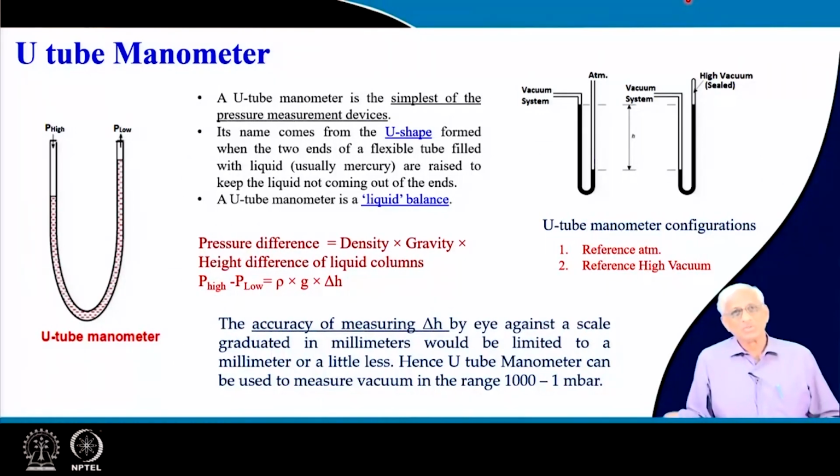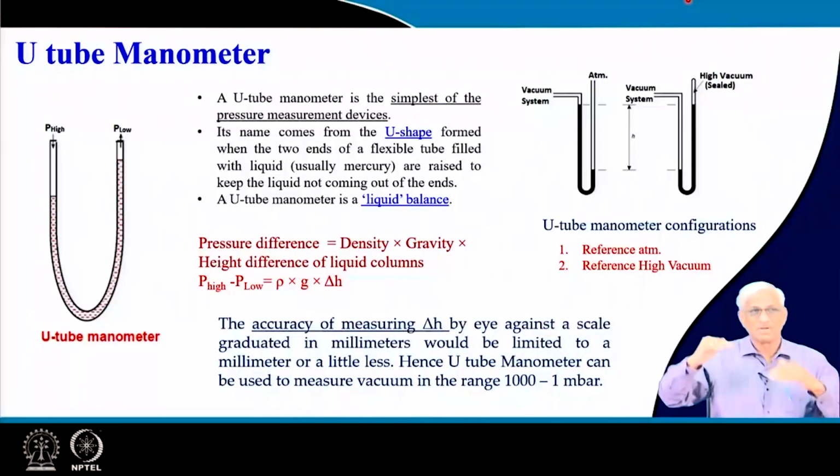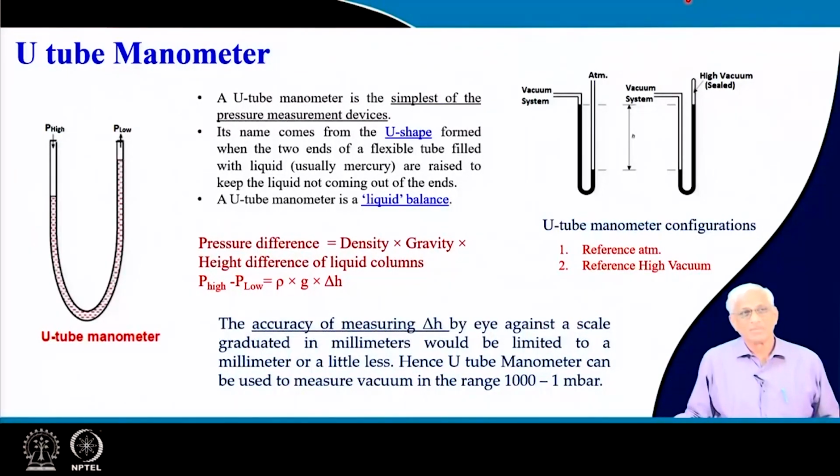The U shape is there because you have to maintain the liquid without overflowing, and it is basically a liquid balance. Depending on the forces, it will go up and down, whichever side has the higher pressure.